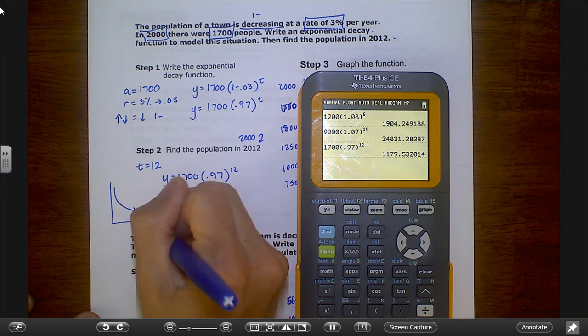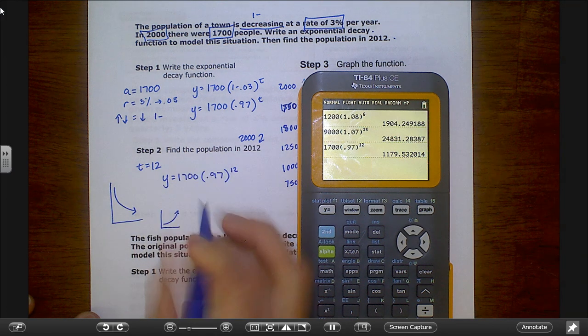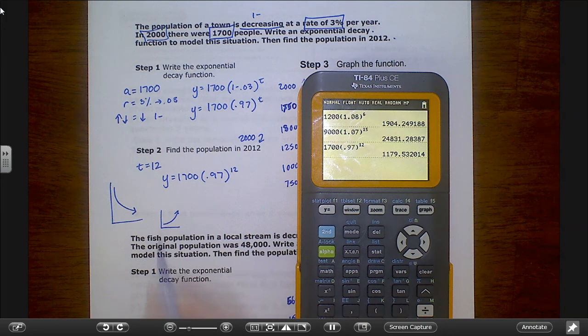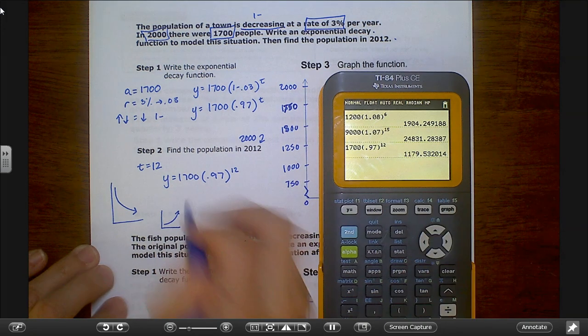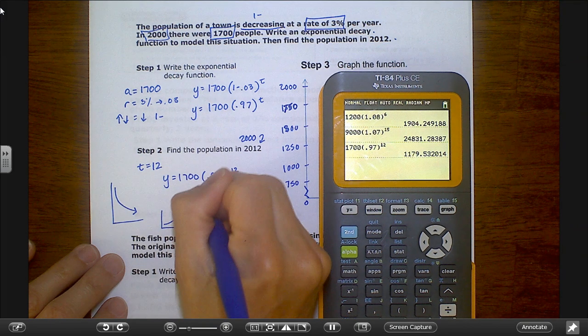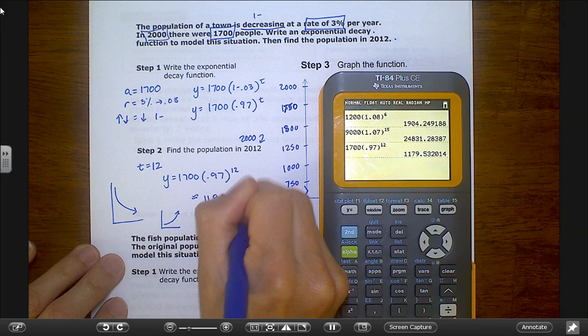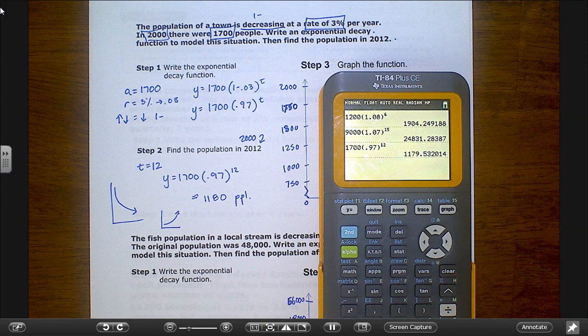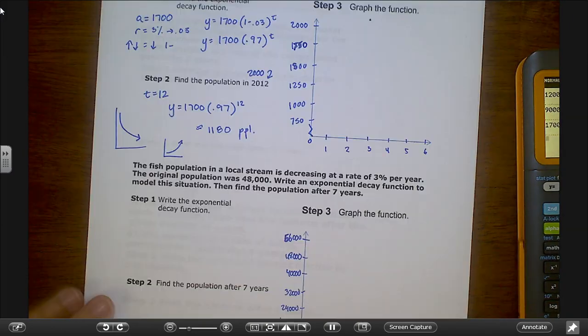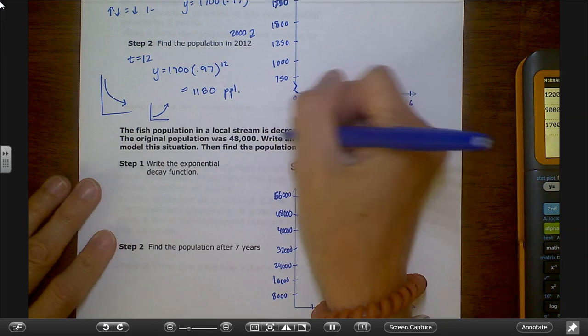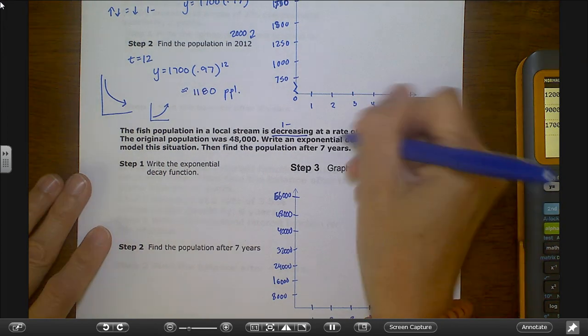Okay. If it's an increase like this, then I would stop at 1179. So you kind of go to which one you would hit first, depending. So this is decrease. So I would hit 1180 first. So approximately 1,180 people.